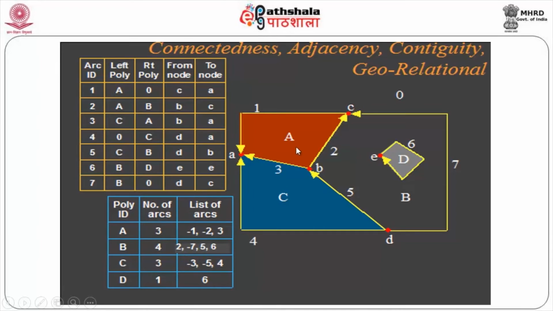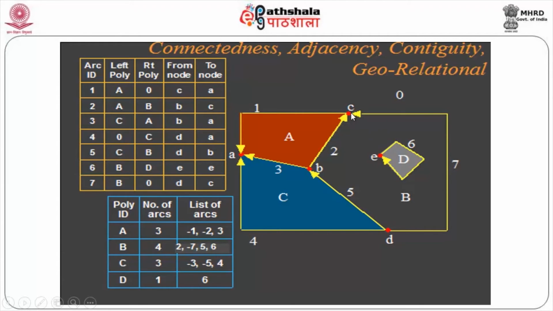So, coming back to this one, let me take line 1, you see here, and this point 1. Left of the polygon is your A, right of the polygon is 0, nothing is there, and it is starting from node C to node A. Of course, you can also say A to C or C to A, does not matter.